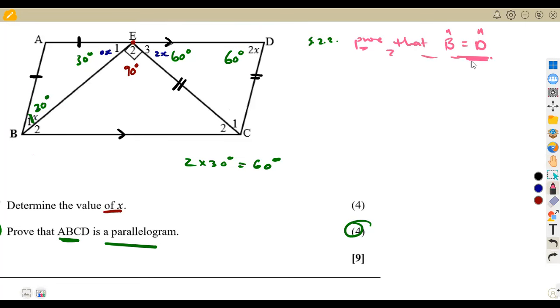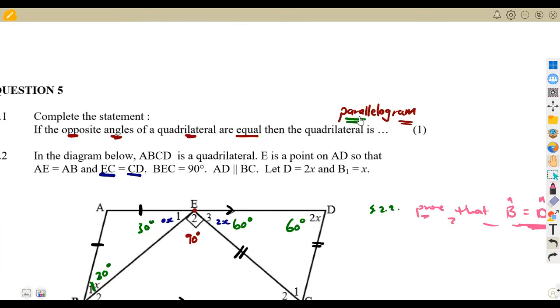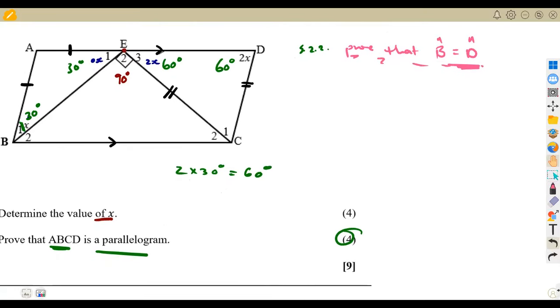So can we prove this? Because that is the major property of a parallelogram. Opposite angles should be equal. So these are the opposite angles, B and D, A and C. So either I'm going to prove B and D, or I'm going to prove A and C, A to be equal to C.